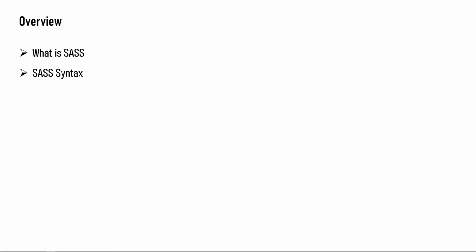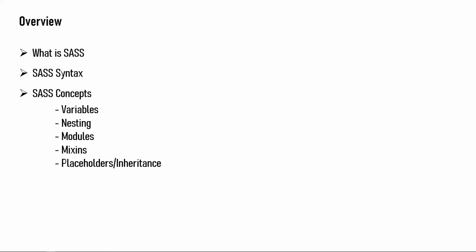And explore some Sass concepts like variables, nesting, modules, mixins, placeholders, inheritance, and operators. Finally, we'll look at some pro tips on how to write modular CSS using Sass. Without further ado, let's get started.